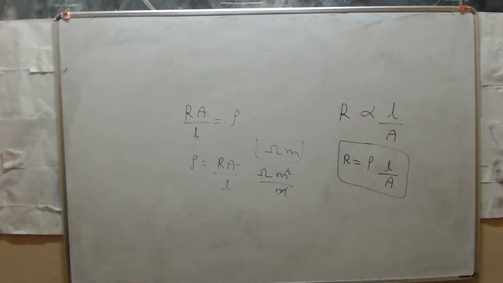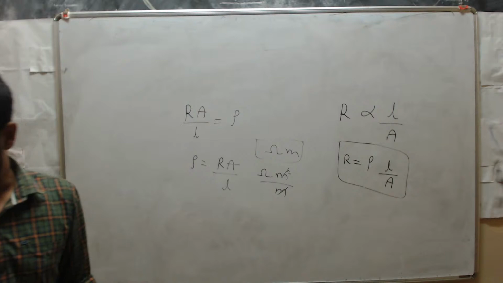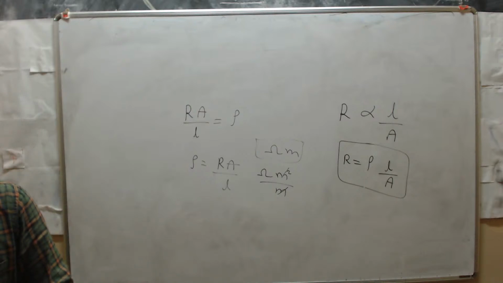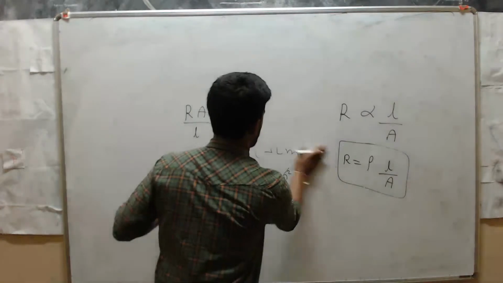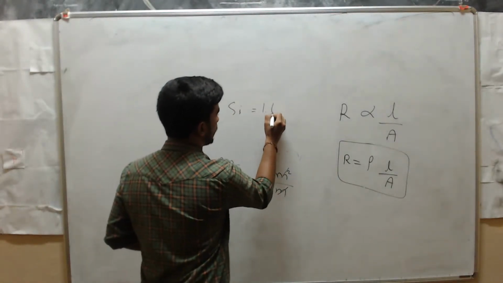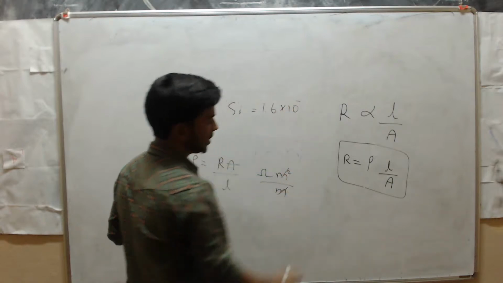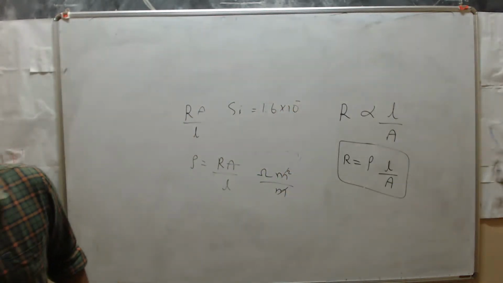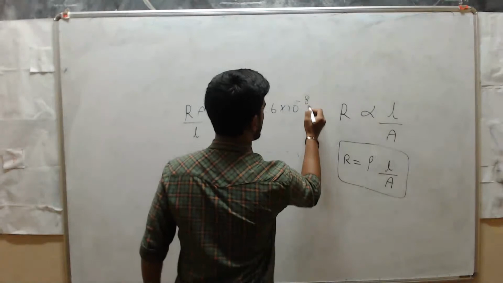See, in your textbook they have given different resistivity values for different conductors. The resistivity of silver is 1.6 into 10 raised to the power minus 8 ohm meter.